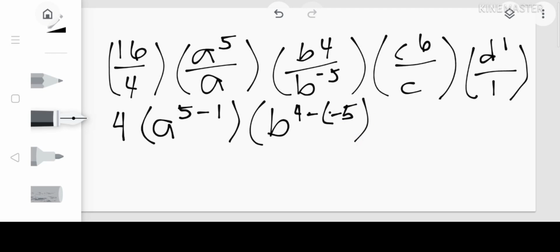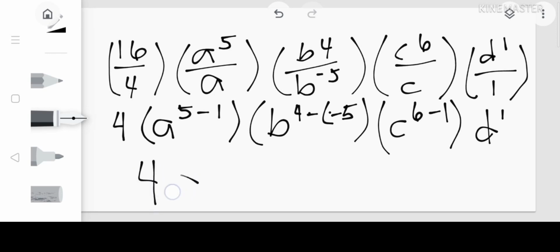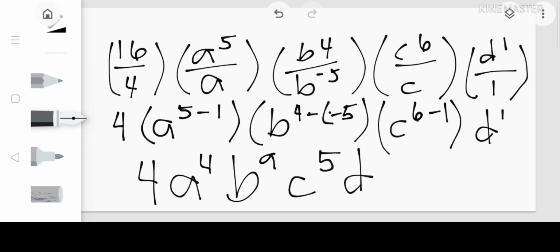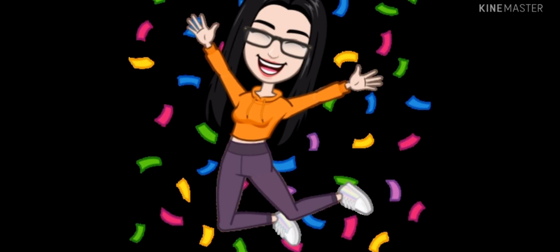And then for c raised to 6 minus 1. And then d raised to 1. So the final answer is 4 times a raised to 4 times b raised to 9 and c raised to 5 times d. And that ends our topic for today.